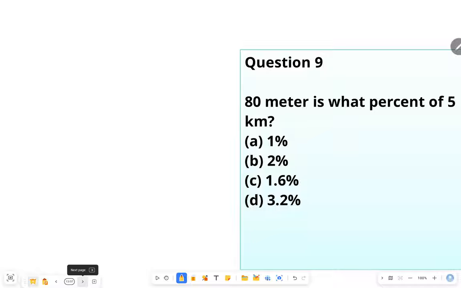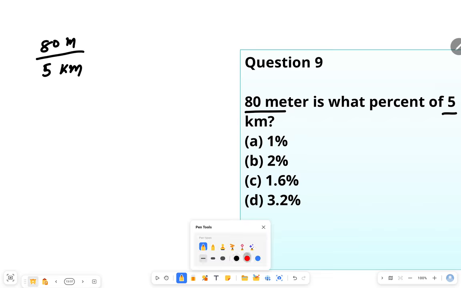Right, the next question we have: this 80 meter is what percent of 5 kilometer? Look at it. How are you going to change it in the form of percentage? Here you will write 80 meter. In the bottom you have to write 5 kilometer. No issue with that. But two things you have to notice here: one is meter here, and here is kilometer.